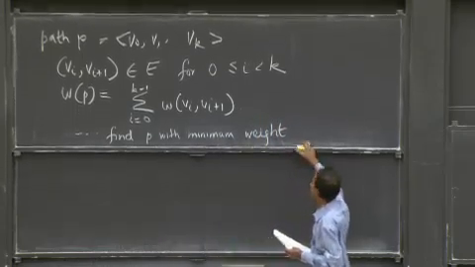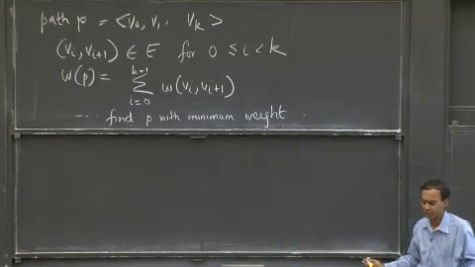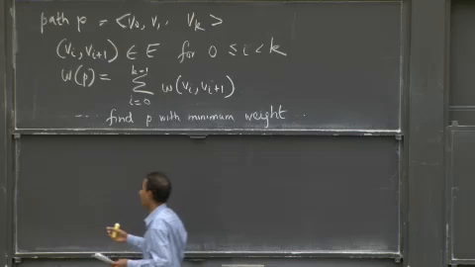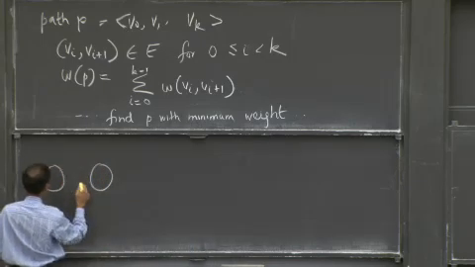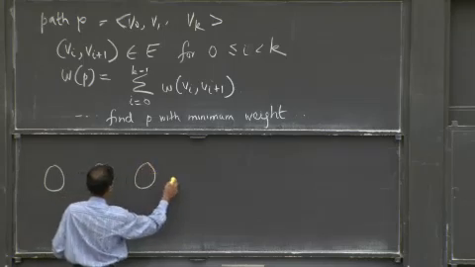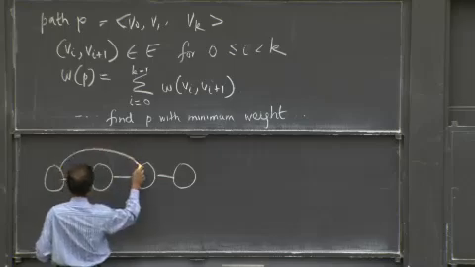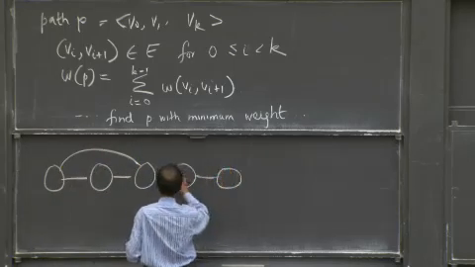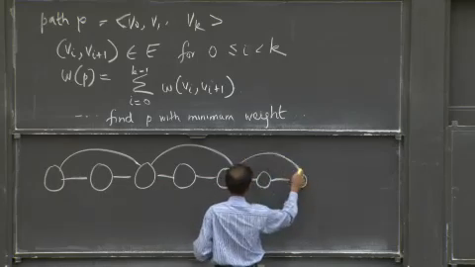And there are many, many possible paths. You have to understand that there are potentially an exponential number of paths in the graphs that we would consider. And here's a real simple example where you would have an exponential number of paths, and we'll come back to this example later in the lecture.